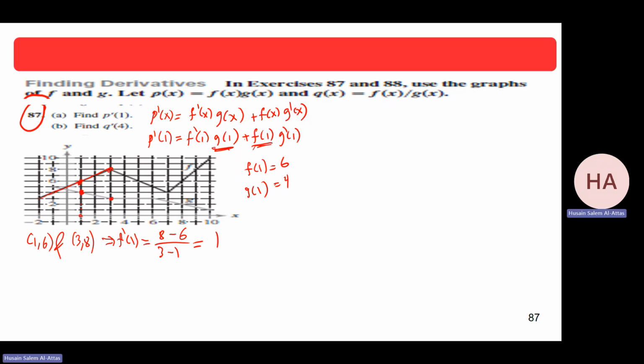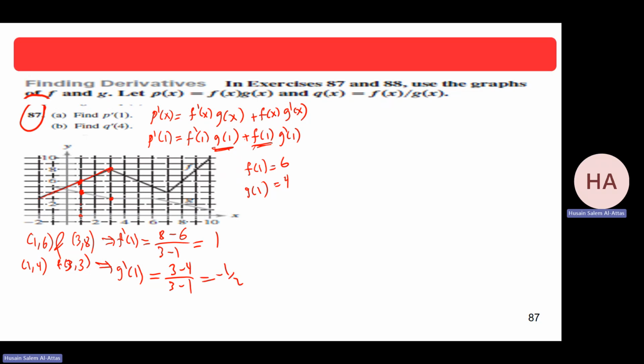So I have this point, which is 1 and 4, and another point, which is 3 and 3. So g prime at 1 will be 3 minus 4 over 3 minus 1, and that is minus half.